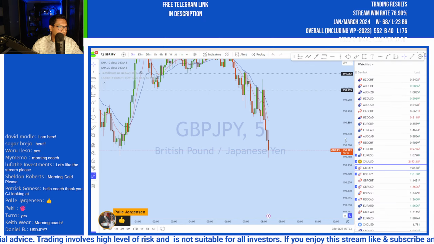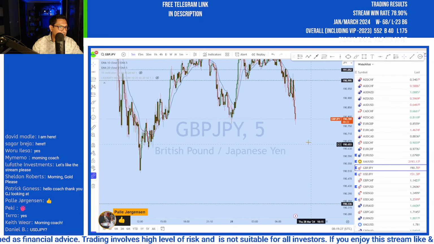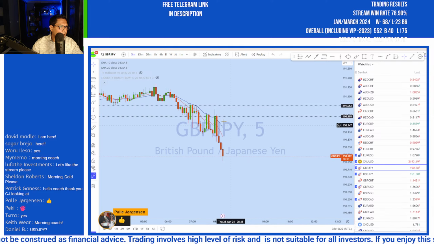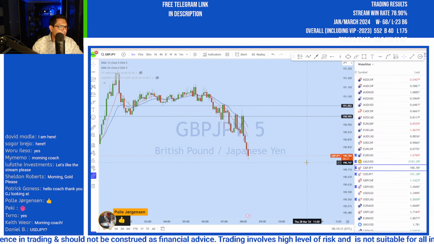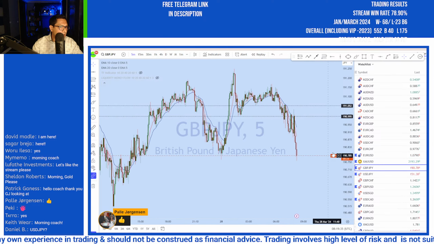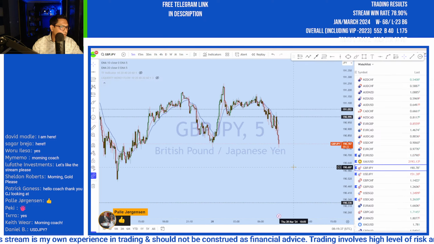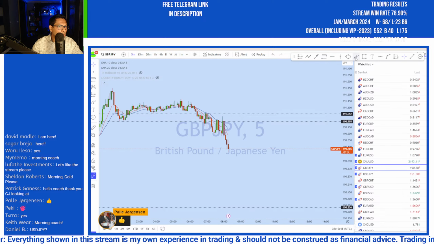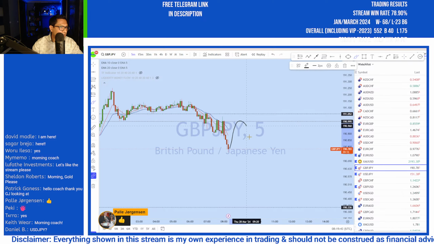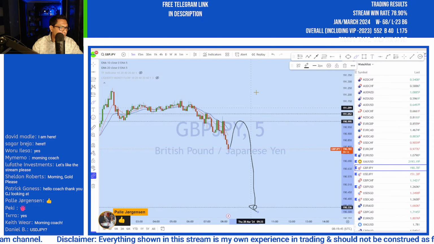Okay, so here is what we can see on GBP JPY, there is a manipulation here multiple times on the 5 minutes time frame, and with that 5 minutes manipulation, we'll be waiting for this price to go up and retest and then to reject from that level.